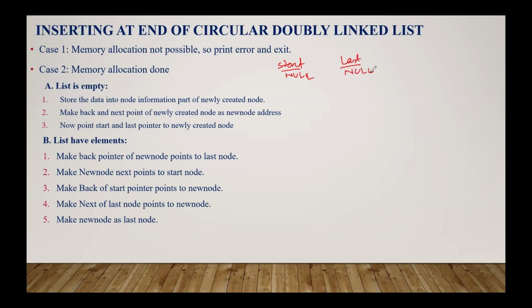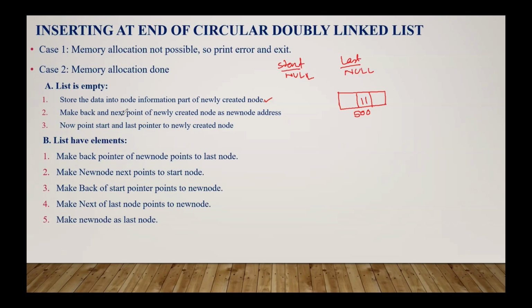That is the initialization. We have not created any node, so the list is empty. Before that, the memory allocation is done. For example, this is the node whose memory allocation is done, and the allocated address is 500. Here we have the first statement, this line we have to follow: store the data into the information part of the newly created node. For example, we want to store 11.